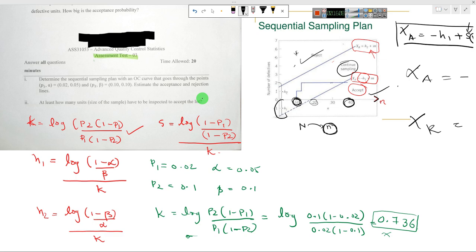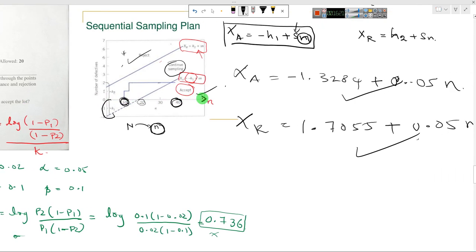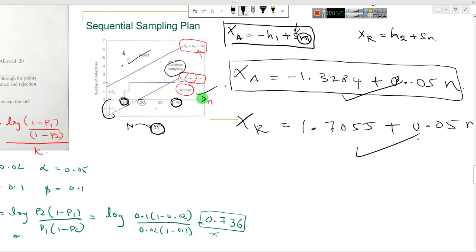So now we have to find out the minimum sample size to be inspected in order to accept the lot. For that we will just put XA equal to 0 in this equation, right?